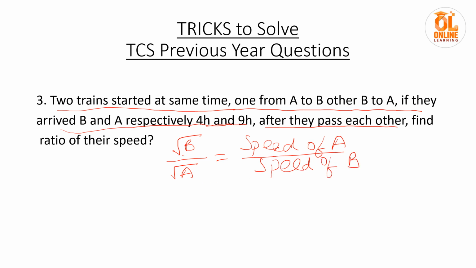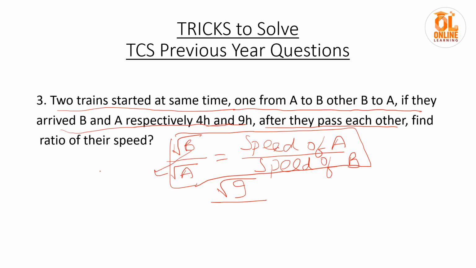Just take your copy and write these formulas, otherwise you will forget. In exam you have to just see this question and apply this formula, then it will take you hardly 5 to 10 seconds to solve it. So now let us solve. Root over B. So what time B is taking? 9 hours.